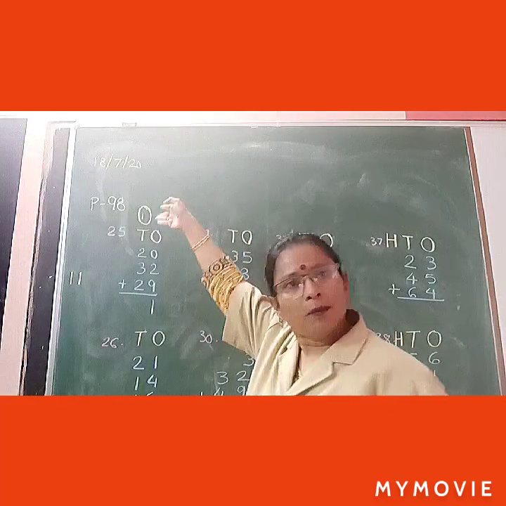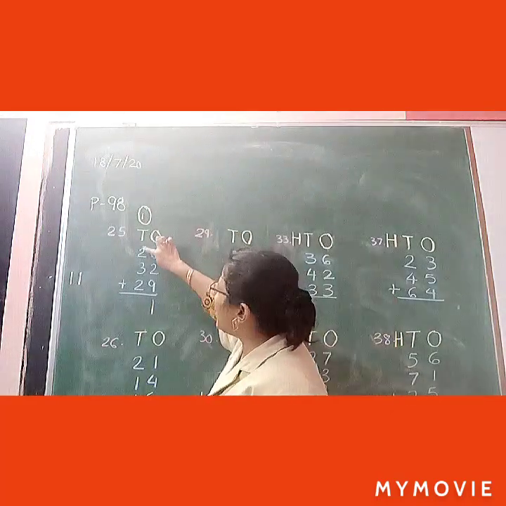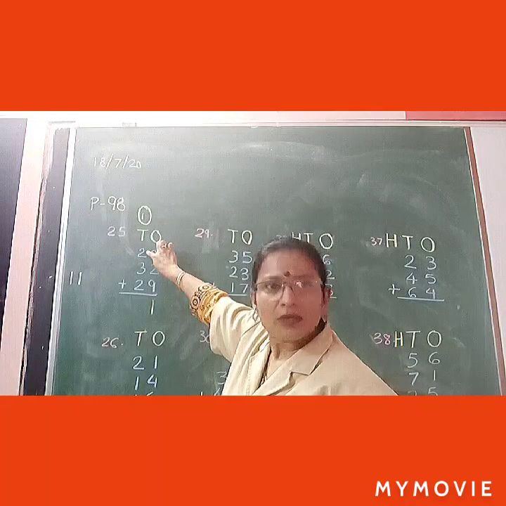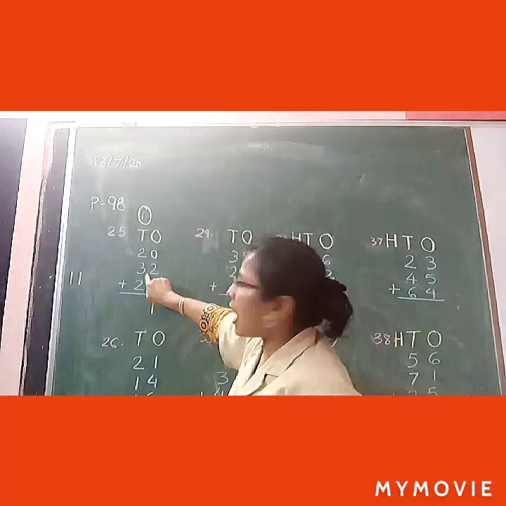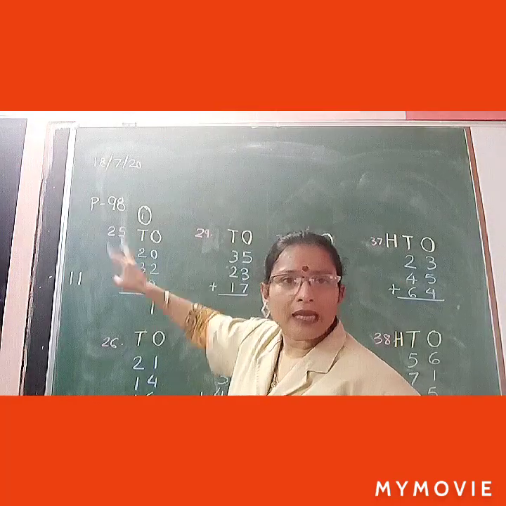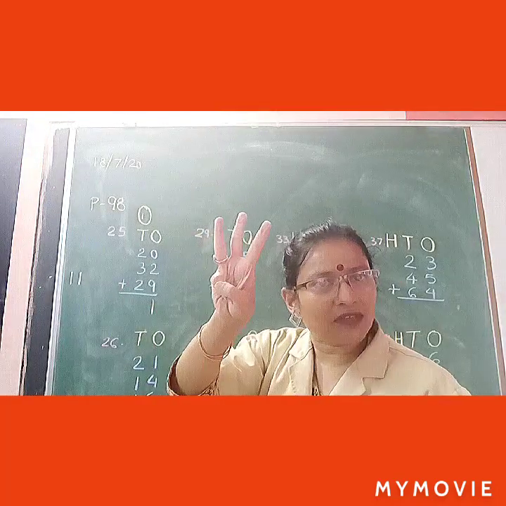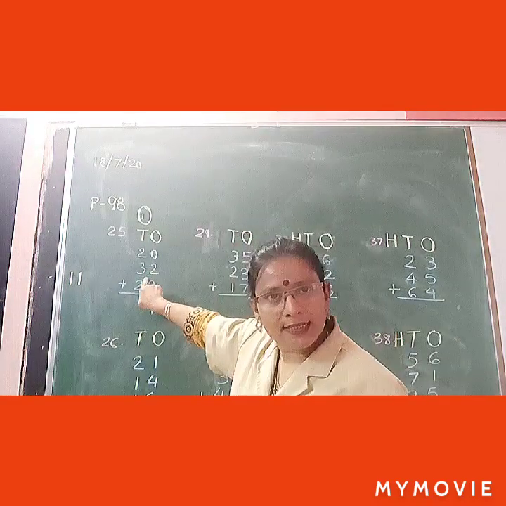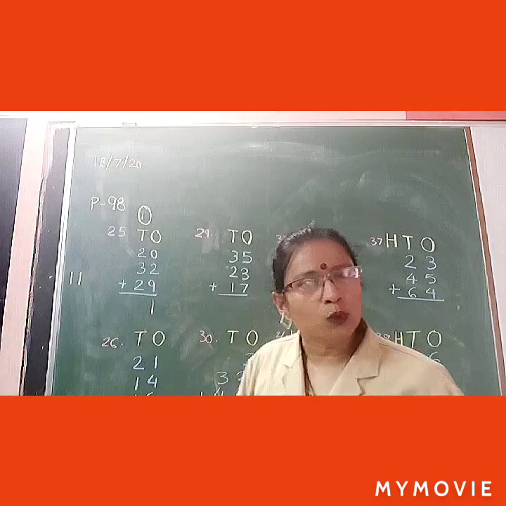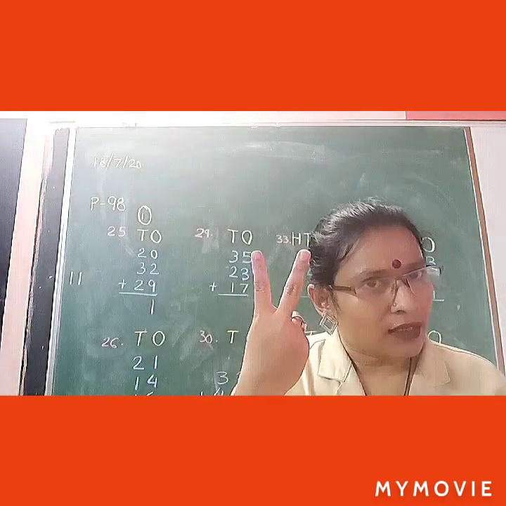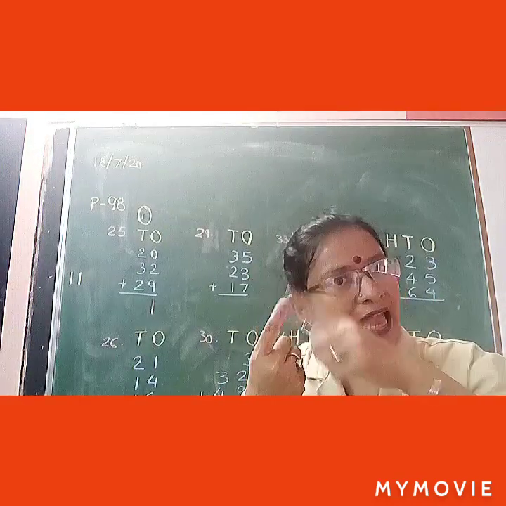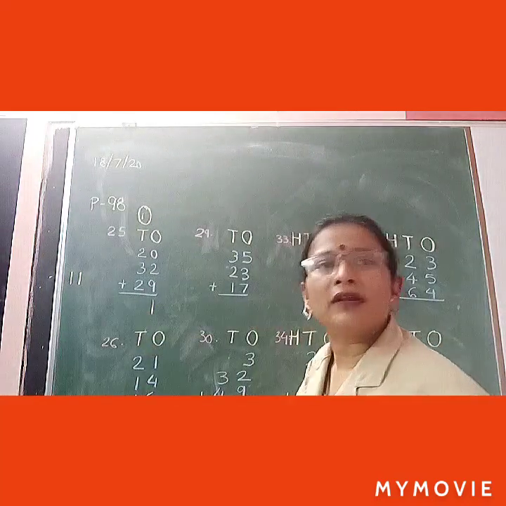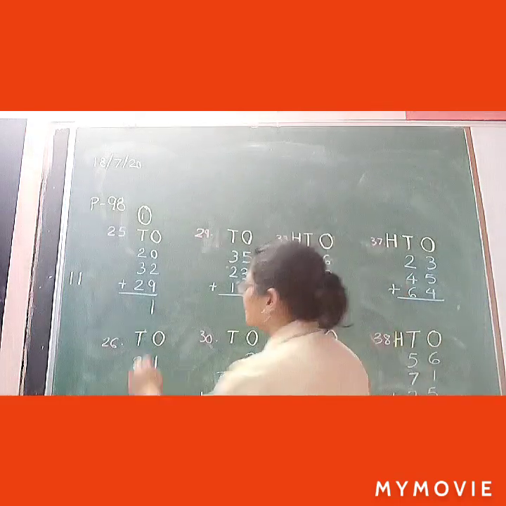We are adding from top. 1 plus 2, that is the next number. Yes, 3. Now 3 plus 3, take out 3 fingers, start reading after 3, 4, 5, 6. 3 plus 3 will be 6. Now 6 plus 2. Take out 2 fingers. Start reading after 6. 7, 8. So the answer is 81. So we will write 81.